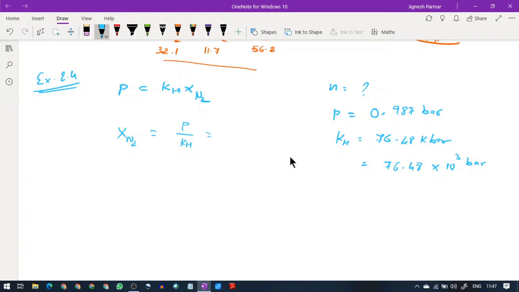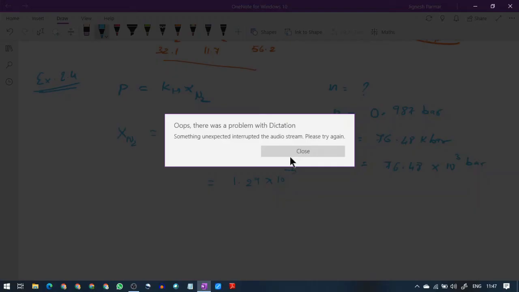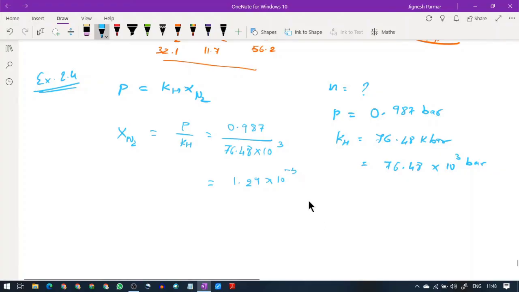Substituting the values, the pressure is 0.987 divided by 76.48 into 10 to the power 3. I will get an answer which is 1.29 into 10 to the power minus 5.